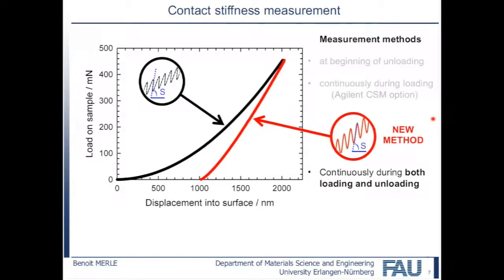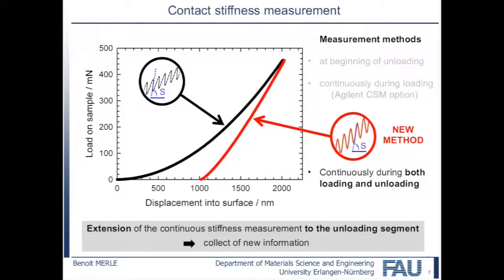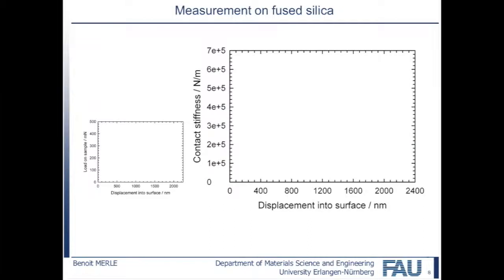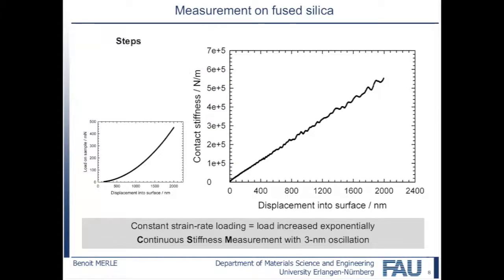Thanks to that, we can also measure the stiffness during the whole unloading, and we hope to gain supplementary information that might have been overlooked before. So how does it work? Let's take now an example of an indentation in fused silica. It starts with a loading that is actually performed just like in the standard Agilent CSM method.